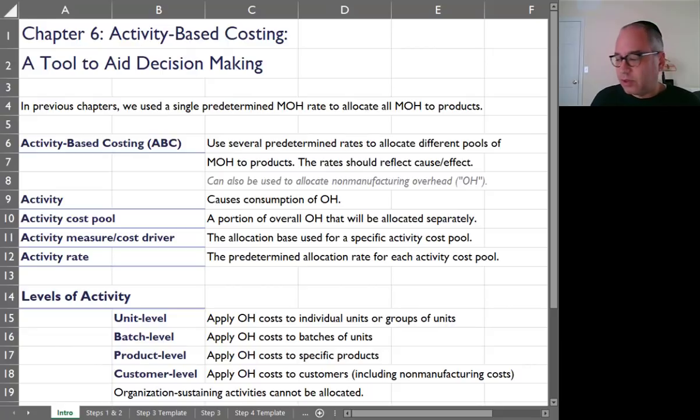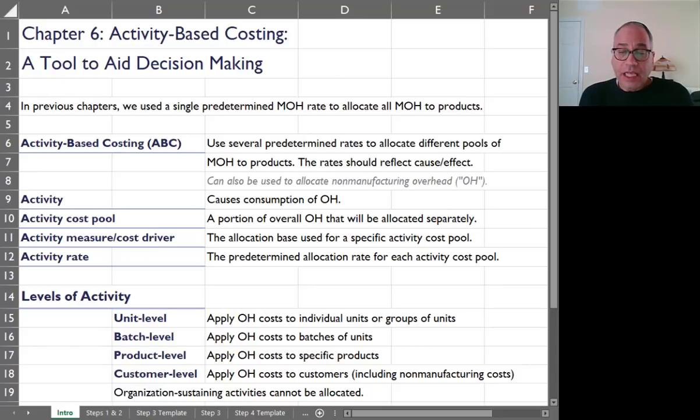Up until now, we've just been talking about overhead as something that exists, and we want to cover it. But in fact, things cause overhead to happen, and we want to know what causes the overhead to happen, and then those become our cost drivers. So what we'll do is take our overhead, and this could be done just from manufacturing overhead, or it could be done for all your overhead, and we're going to split it up into pools.